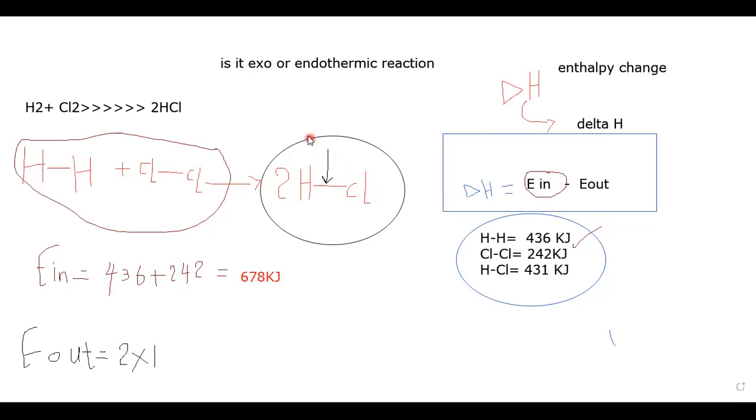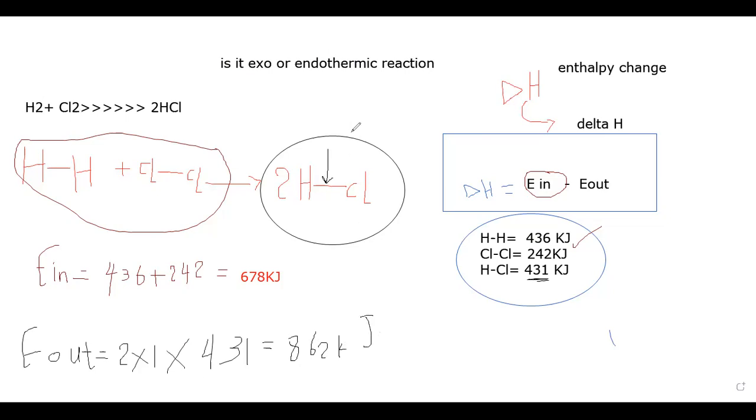Okay? Then multiply. What is the value of H bond Cl? 431. So when you multiply, what is the result? 862 kilojoule.